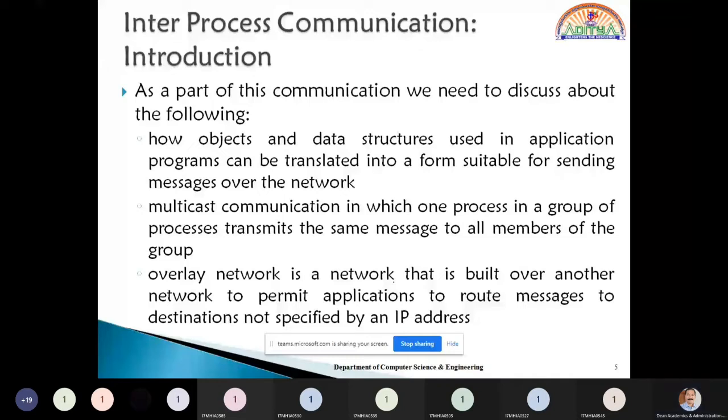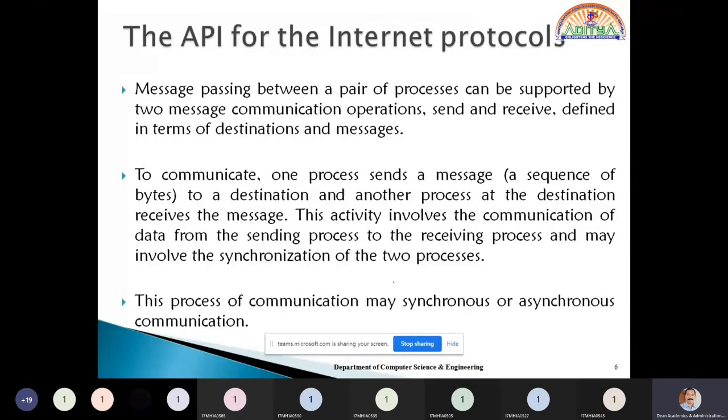As we have discussed, message passing between a pair of processes is supported by two message communication operations, send and receive.